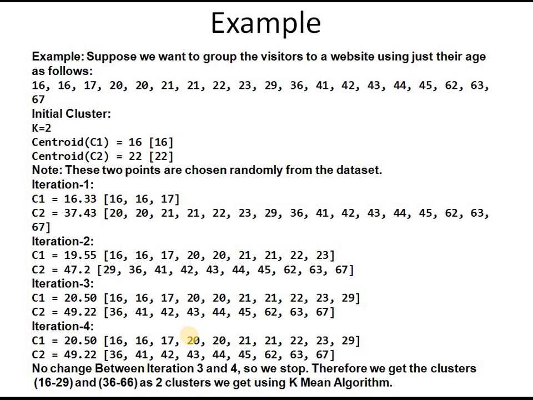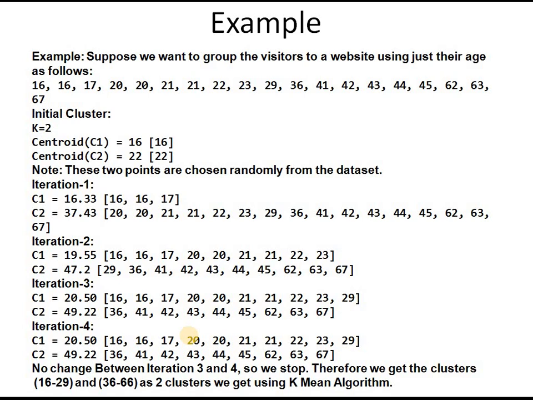So let's go to iteration 3. Again we push some values from centroid C2 to centroid C1. Then at iteration 3 we get 16, 16, 17, 20, 20, 21, 21, 22, 23 and 29 in centroid C1.